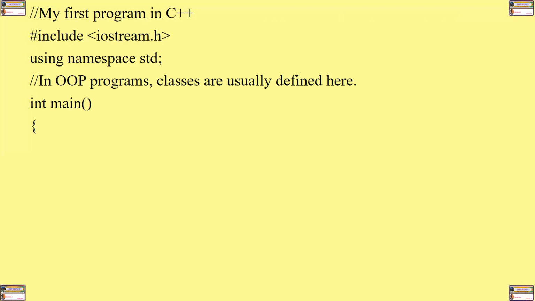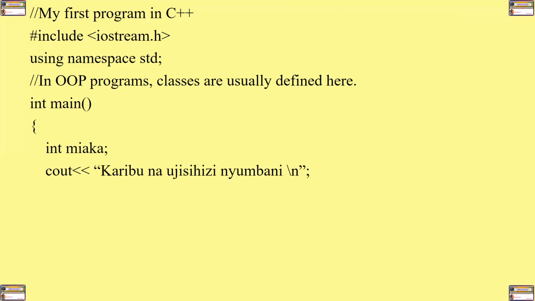And then we have what we call the left brace, or you can call it the opening brace. Then I have my next line as int miaka, semicolon. My next instruction reads cout, not count.